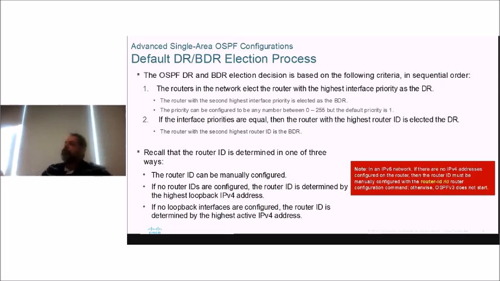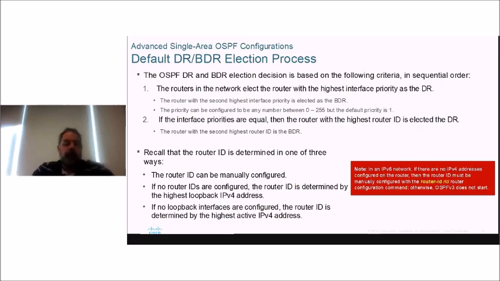Because the default is 1, if no one has configured it, we still need a way to figure out who the DR and BDR is, and so there's a tiebreaker. From there, it's the router ID that is used.